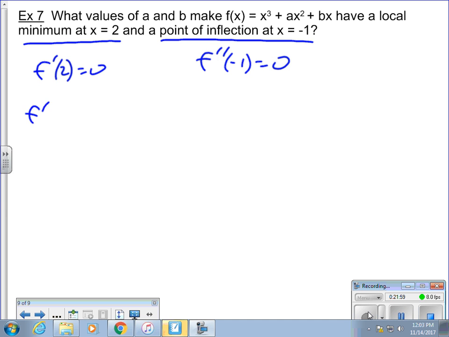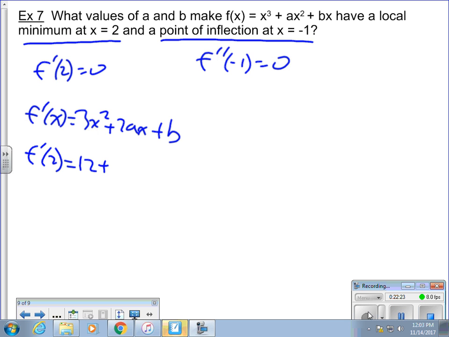So f prime of x is 3x squared plus 2ax plus b. So f prime of 2: plug in 2 for x. x squared is 4, times 3 gives you 12, plus 4a plus b needs to be equal to 0.